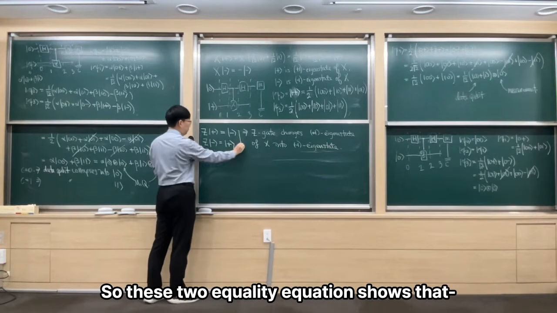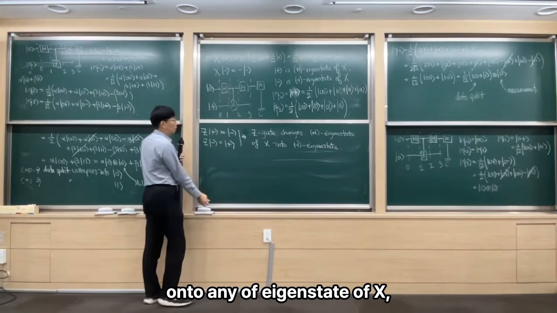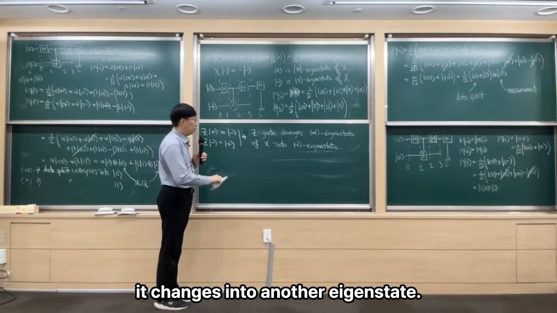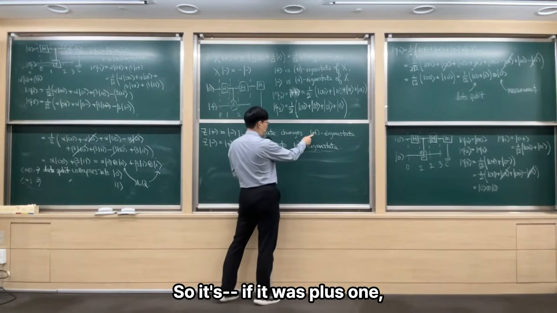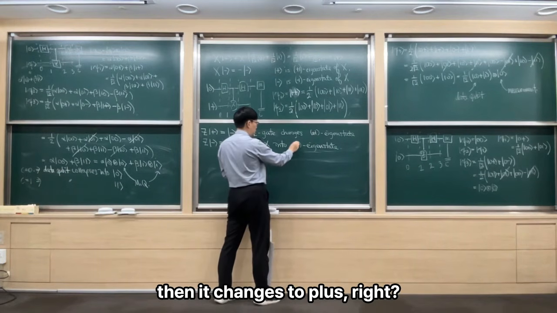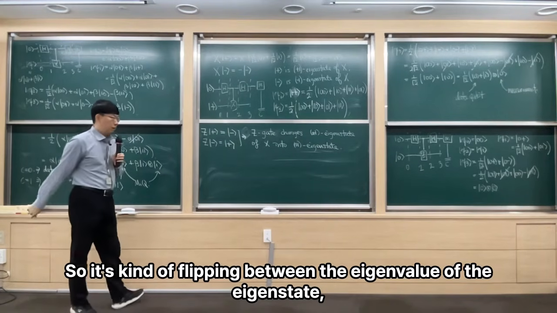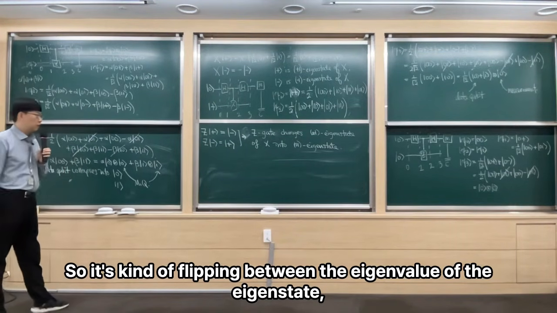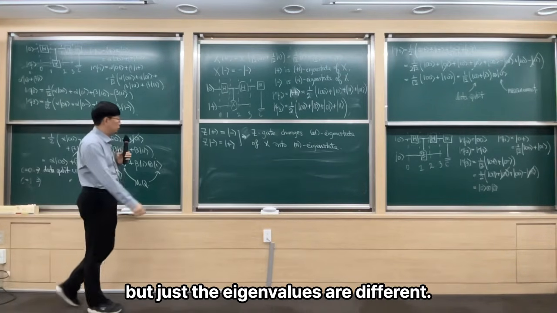So these two equations show that whenever you apply the Z gate onto any eigenstate of X, it changes into another eigenstate. If it was +1, then it changes to minus. If it was minus, then it changes to plus, right? So it flips the eigenvalue of the eigenstate, but it is still an eigenstate, just with a different eigenvalue.